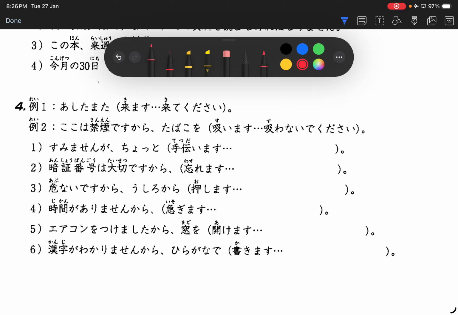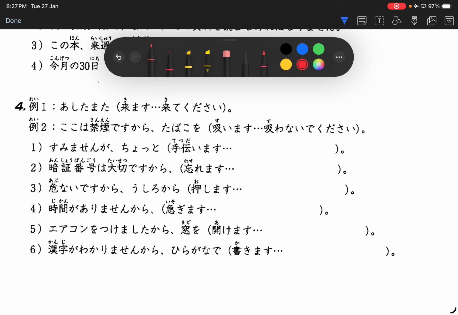In Chinese it's the same thing: 忘れないでください, 請你不要忘記. 忘れないでくれ also works, but it depends on what kind of situation you want to use it in. Interesting, right?